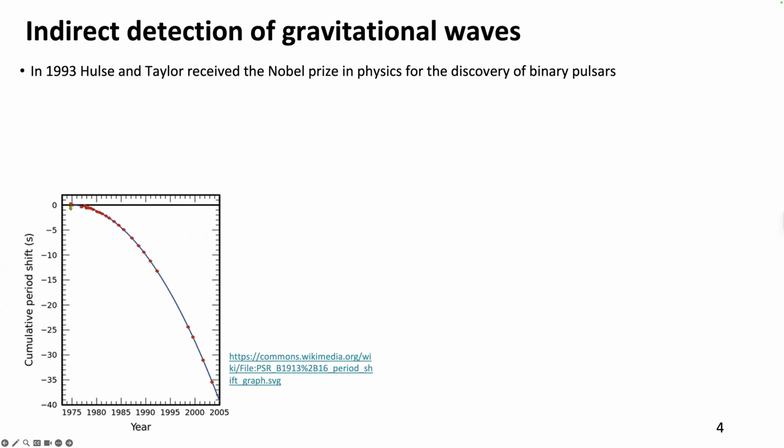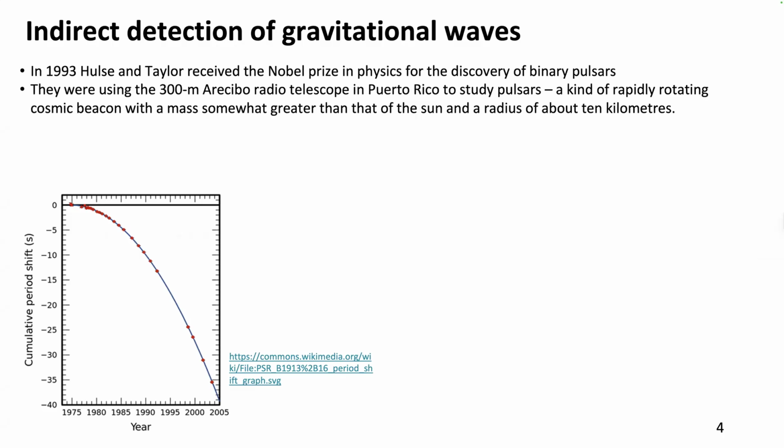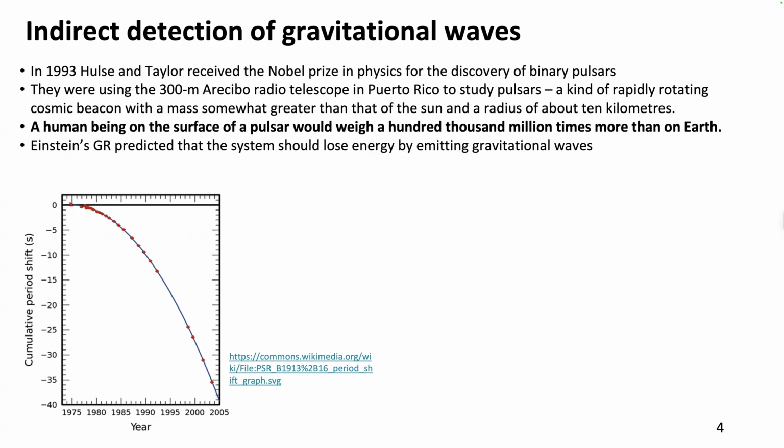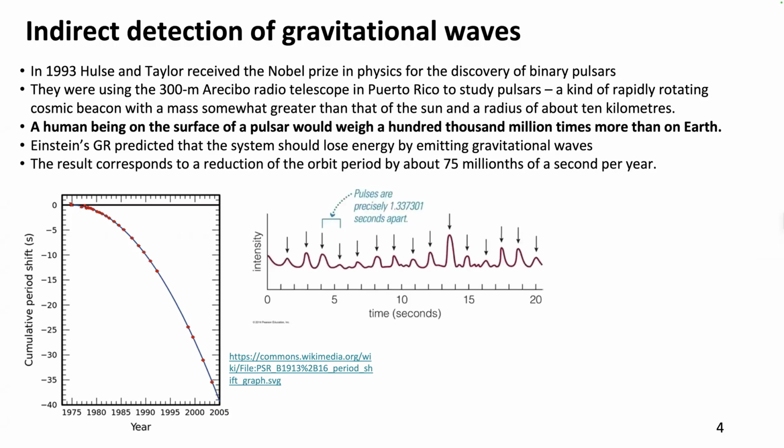What we see is the orbital period changing slowly over 30 years. So there was a hint that there are gravitational events that we might exploit if we built the right observatory, but no direct detection of gravitational waves had ever been seen. These are the pulses you get from these pulsars.